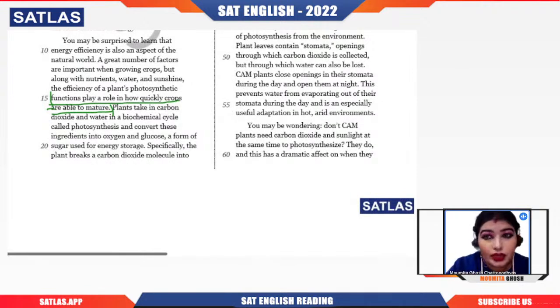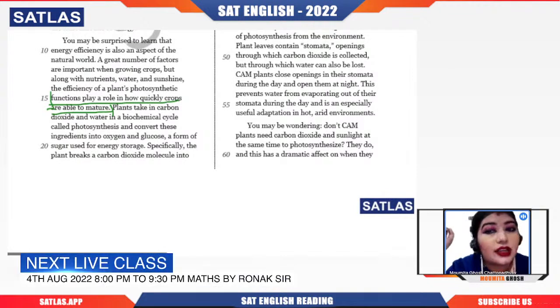Suppose photosynthesis takes place during the evening or the night time. But in most plants, photosynthesis takes place during the daytime, due to the sunlight.